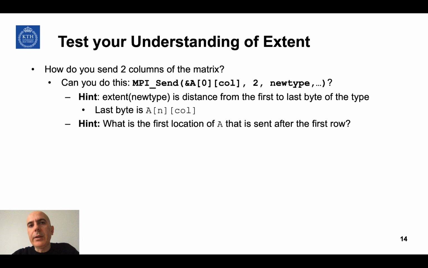The extent of the new type is the distance from the first to the last byte of the type. So the last byte is at the end of the column. So what is the first location of a that is sent after this first column? This will not result in what you want to send.